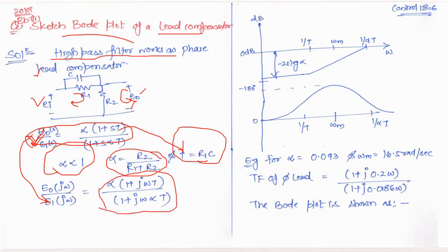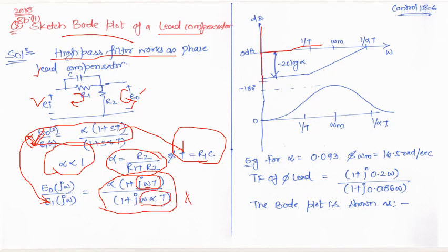Okay, now the Bode curve of the given function looks like this. How are we getting it? We have to substitute the value of omega there, and we need to find out the magnitude and the phase. So phase angle is given by tan inverse of imaginary by real, so omega t upon 1 minus omega alpha t by 1.